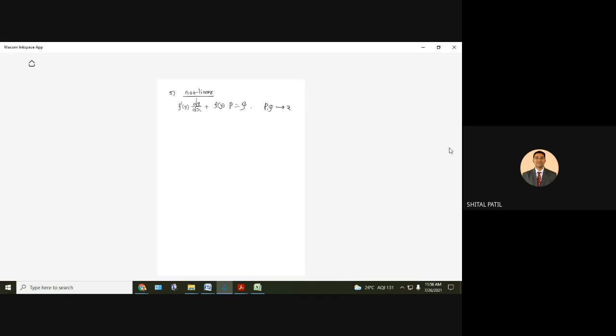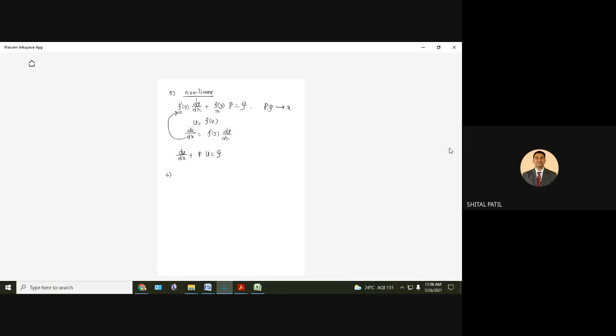So it is non-linear due to this f(y) and f'(y). What is the substitution? u equal to f(y), differentiate with respect to x. So du/dx equals f'(y) dy/dx. Then we substitute it here. It becomes du/dx plus P times u equal to Q. Now this is linear in u, and then we know how to solve it.